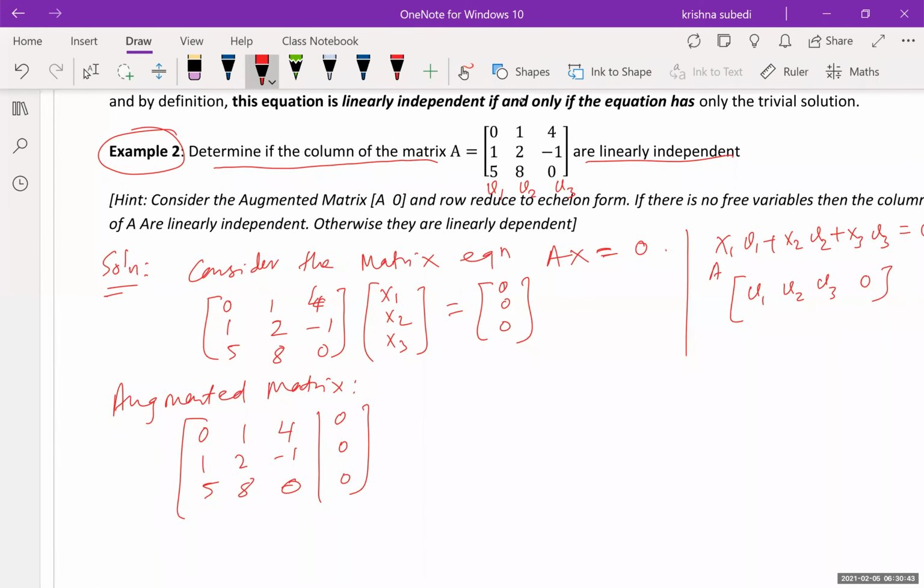So this is your augmented matrix. Please change it into echelon form, and then try to figure out whether there is any free variable or not. Okay, take a few minutes and let me know what you get.